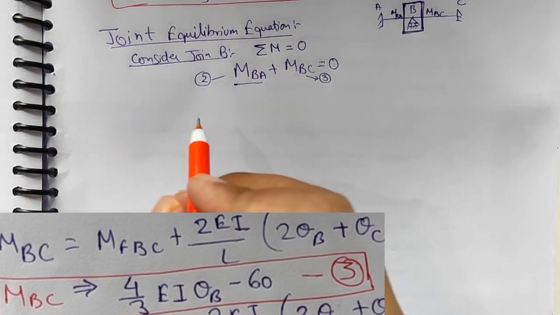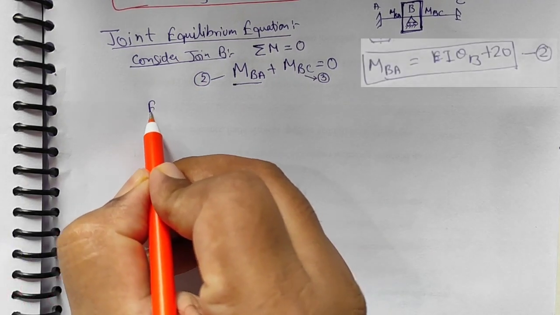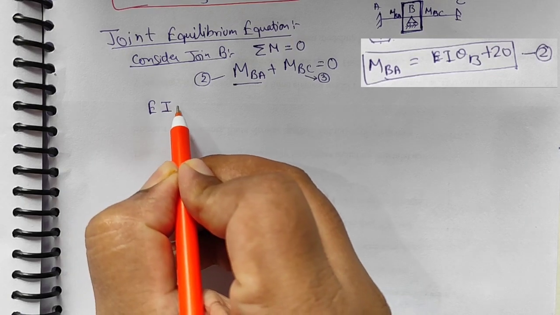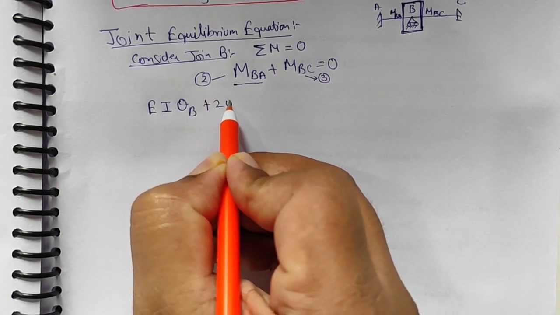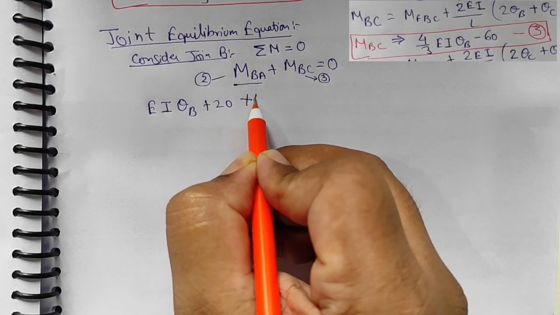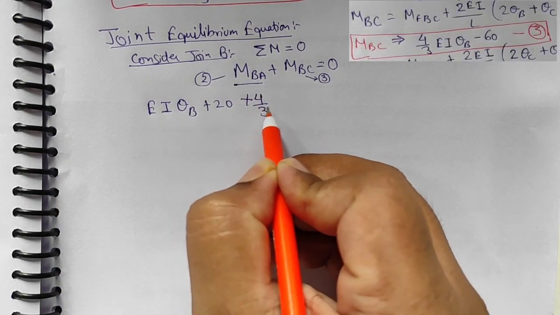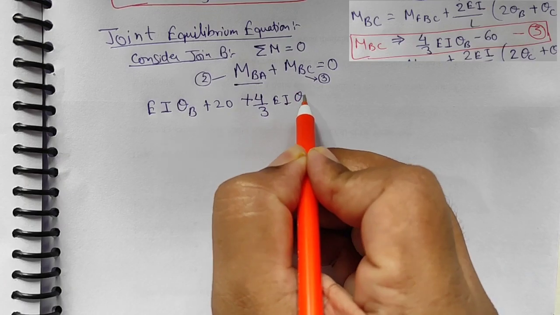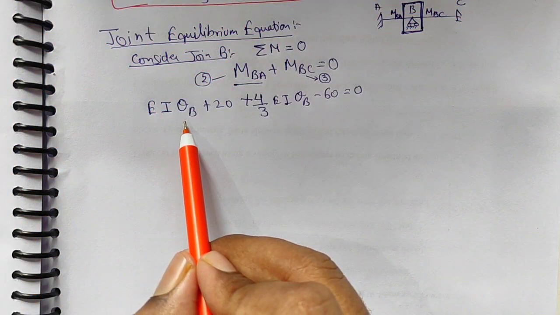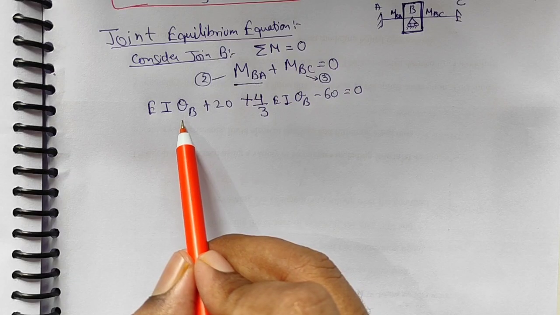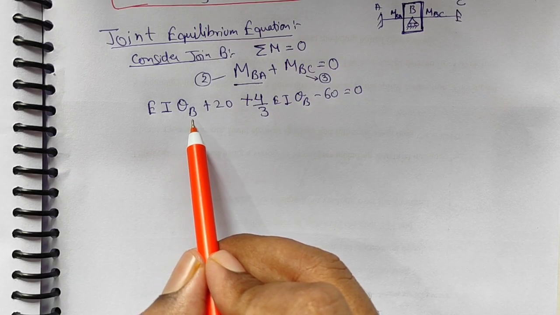equation 3 as previously solved, which will be equal to EI theta B plus 20 plus, now the value of MBC is 4 by 3 EI theta B minus 60. So in this equation I can see there are only a few unknown values which I can determine.